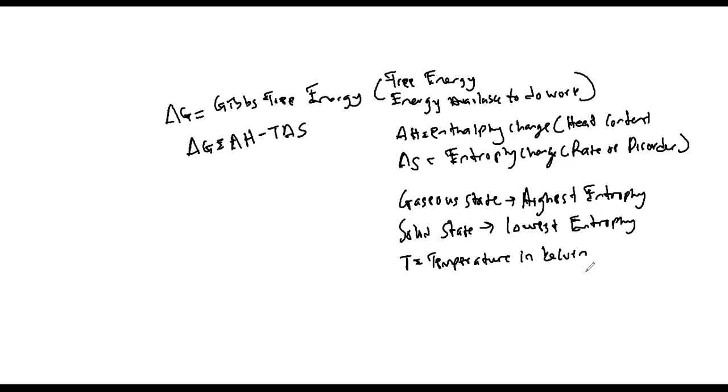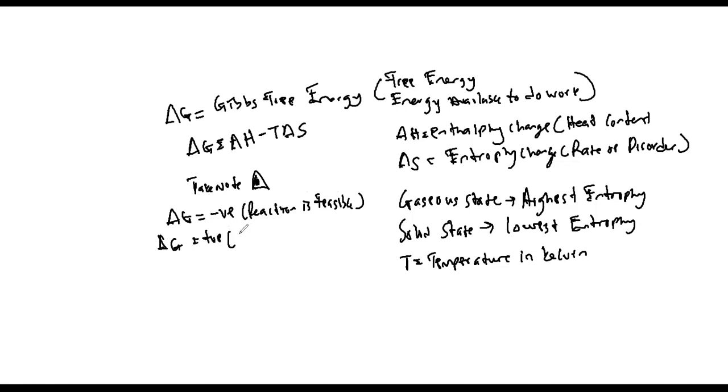Now let us look at something. Take notes, very important. This is JAMB's favorite topic. Take note of this. When change in G is negative, that means the reaction is feasible. When change in G is positive, the reaction is not feasible.